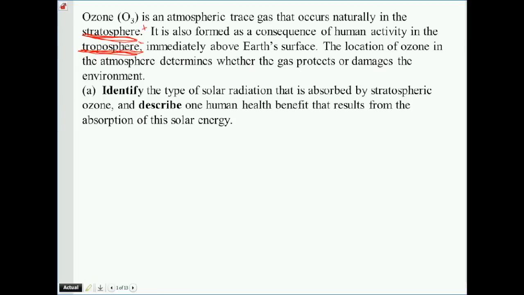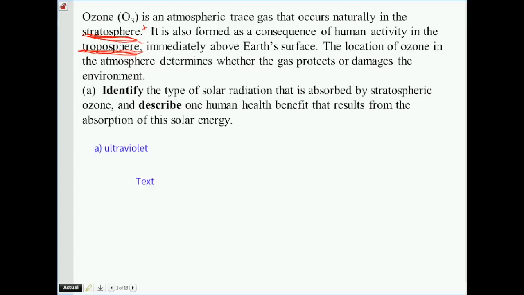For the type of radiation, you think they want something specific, like UVA or UVB, but really, all you have to do is say ultraviolet to actually get credit.